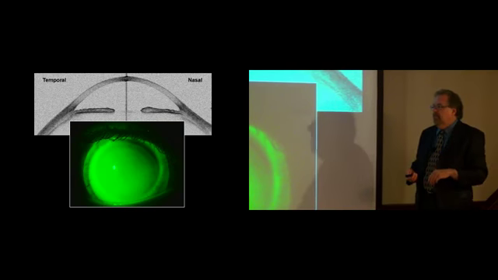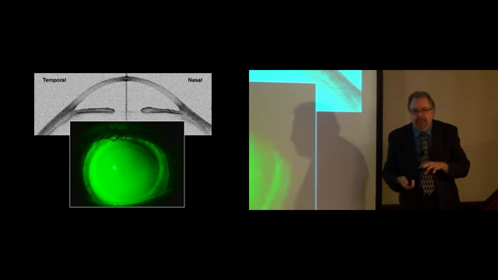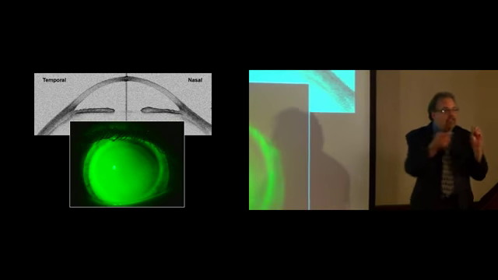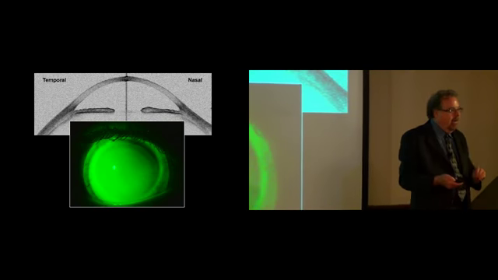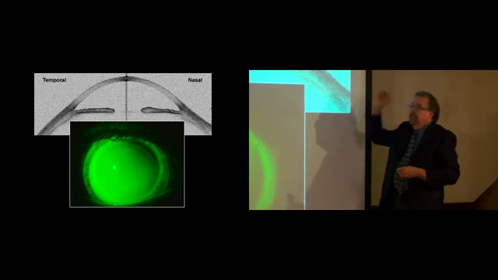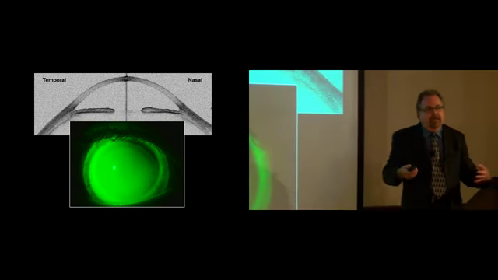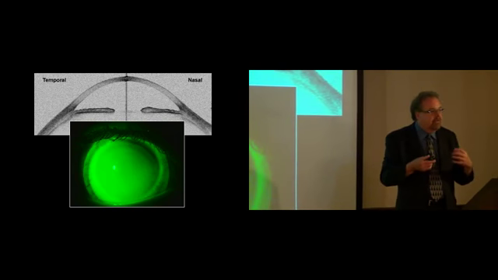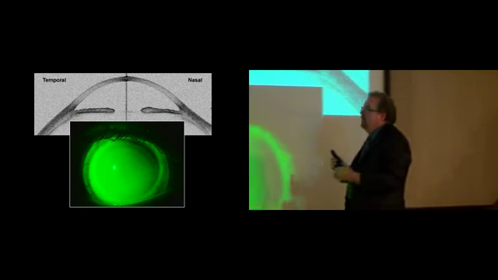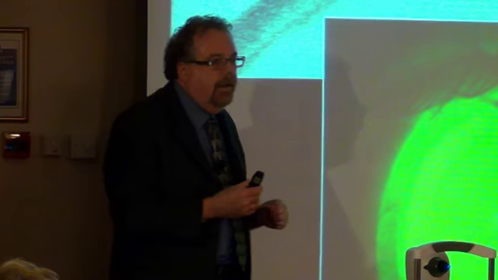Now, we do have to remember that there are some anatomical differences in the shape of the sclera. That is, our recent studies at Pacific University have found a rather intriguing anatomical difference between the temporal sclera and what's occurring on the nasal side.